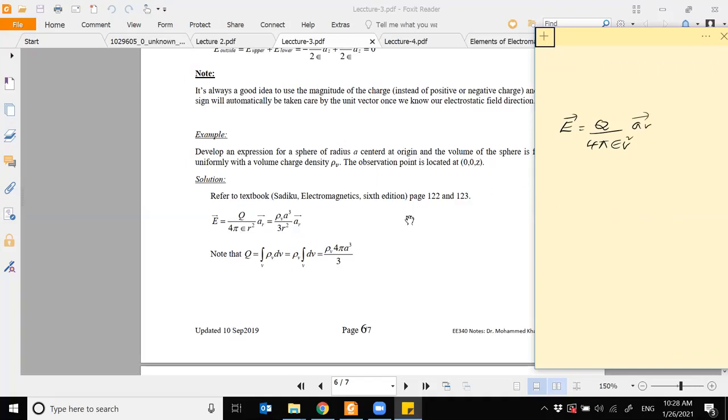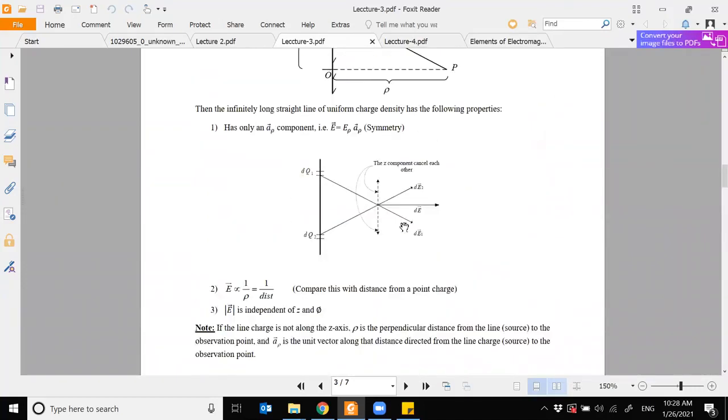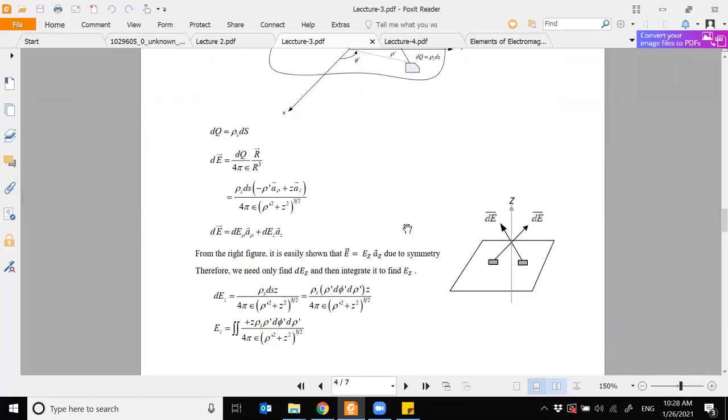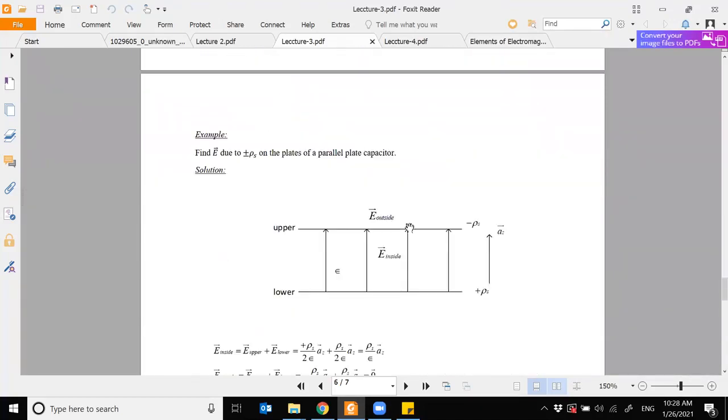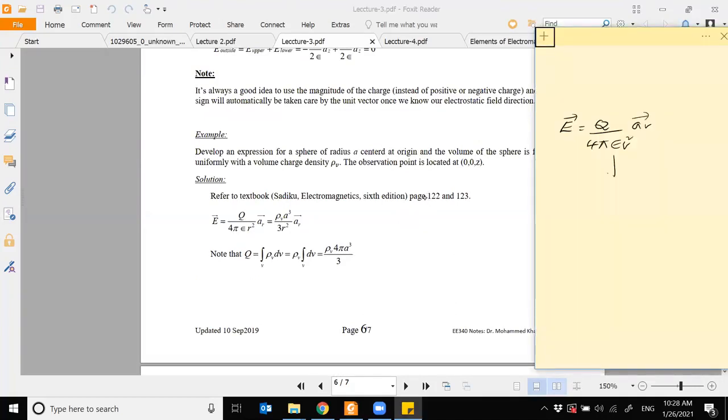This is the electric field for a point charge. Exactly, yes. So this is also the same as the electric field for the point charge. So it's for a point charge, or your sphere of charge Q, or your point charge of charge Q. The expression is the same.